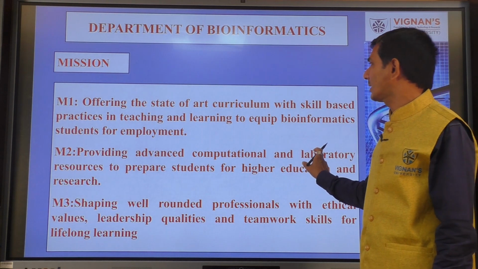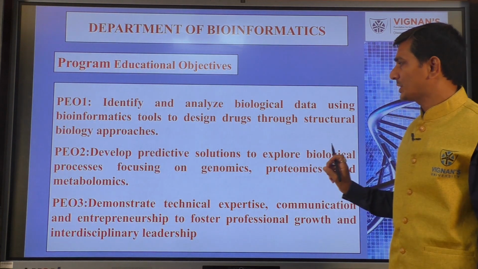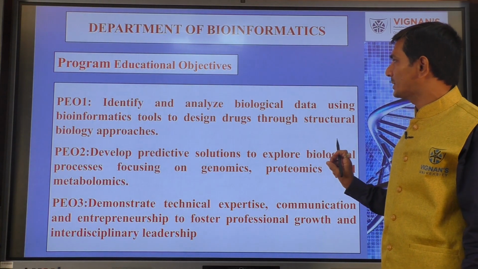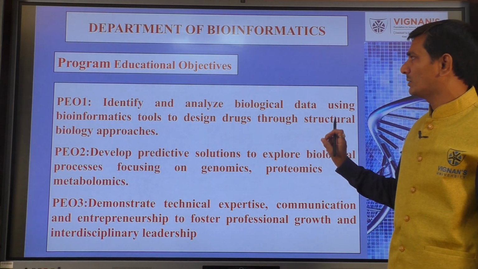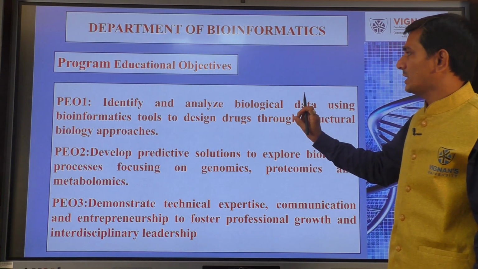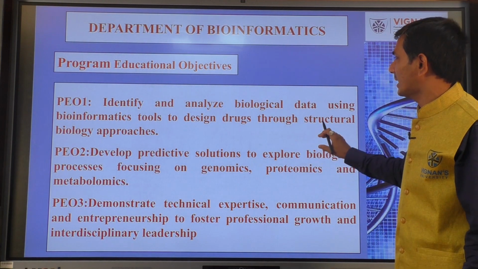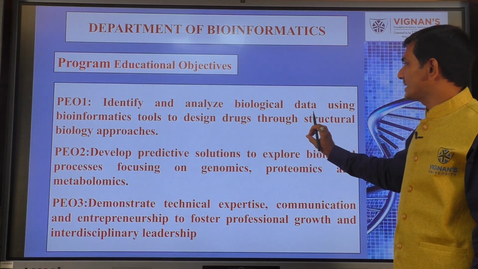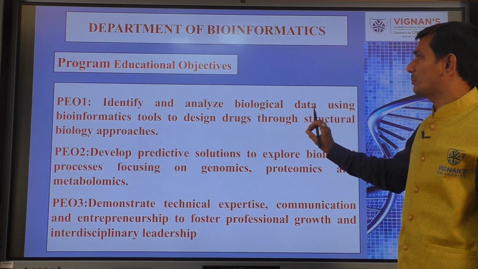Coming to the program educational objectives, the Department of Bioinformatics has 3 PEOs. PEO statement 1 is as follows: identify and analyze biological data using bioinformatics tools to design drugs through structural biology approaches.